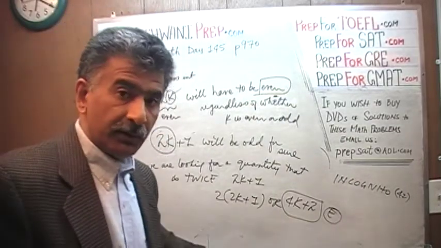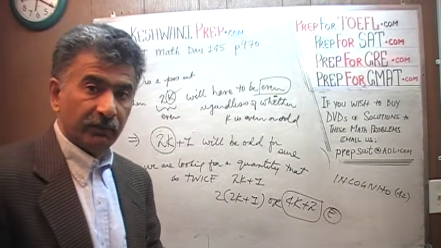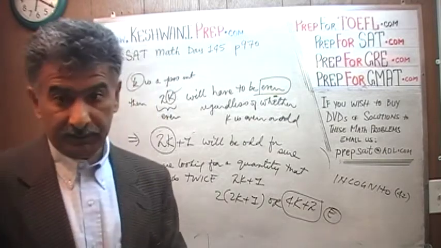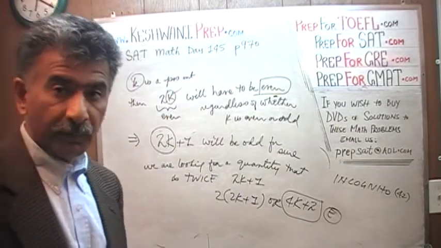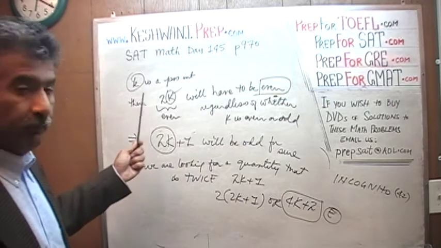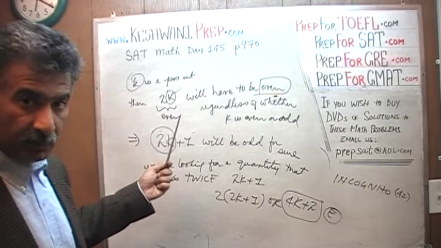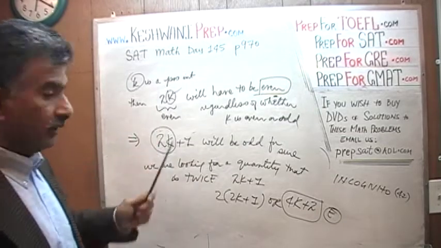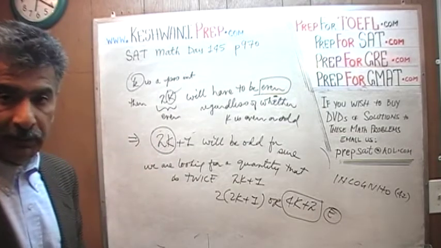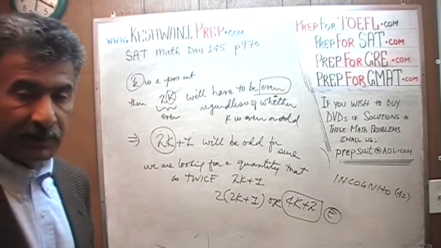So this is the theoretical, algebraic way of doing it, without plugging in numbers. One more time, I'm going to quickly summarize what we did. We were working with the knowledge, not the assumption, because we are told that k is a positive integer. We are not assuming that k is even or odd.